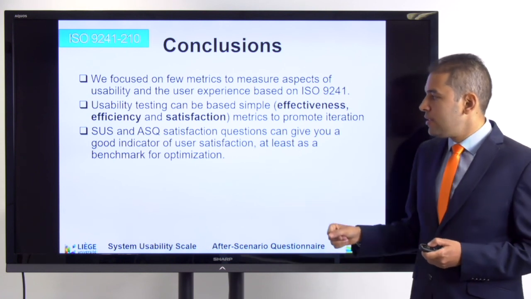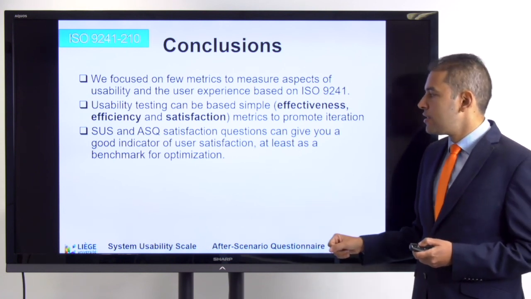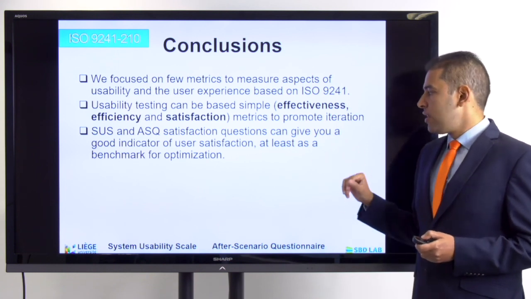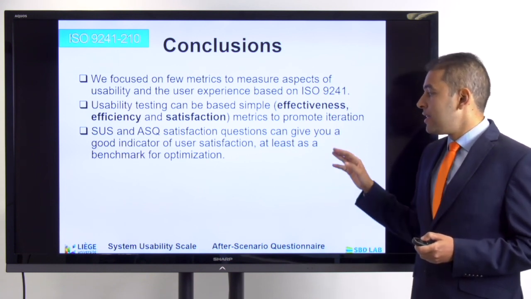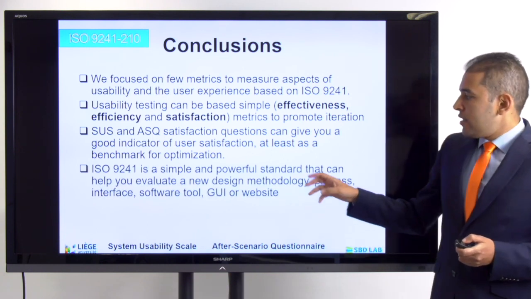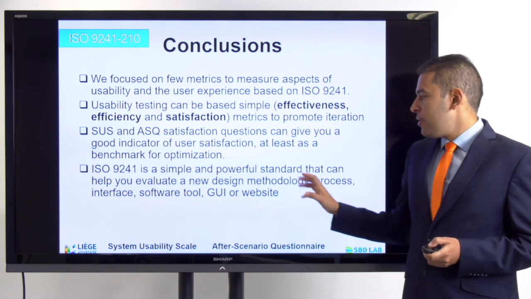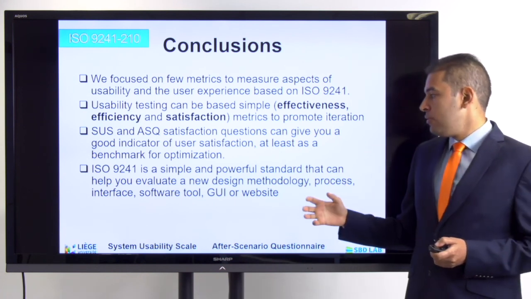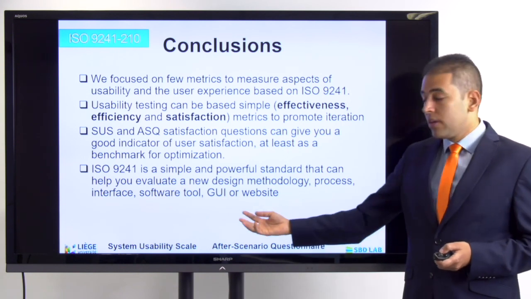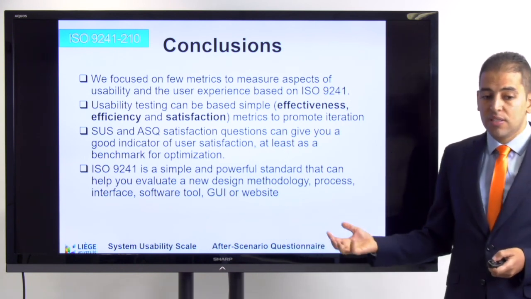The system usability scale and the after scenario questionnaire satisfaction question can give you a good indicator of user interaction, or user satisfaction, at least as a benchmark for optimization. And ISO 9241 is a simple and powerful standard that can help you evaluate a new design methodology, process, interface, software, tool, graphical user interface, or website, so don't hesitate to use it.